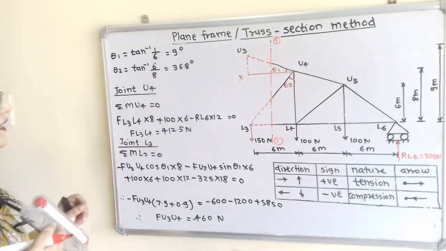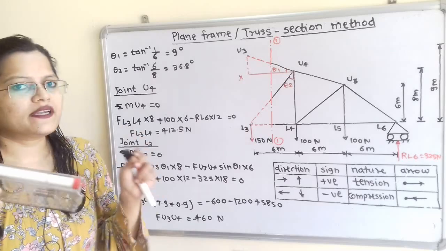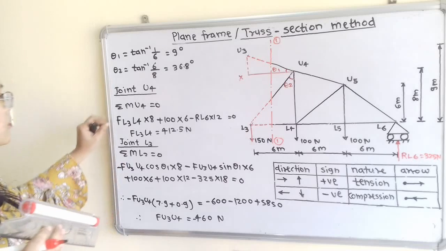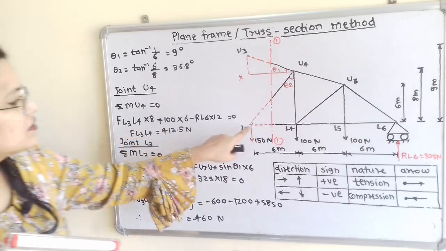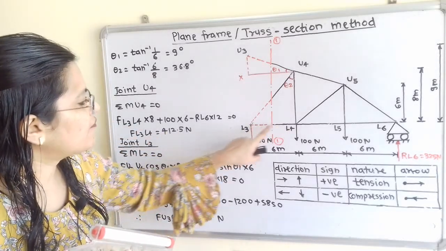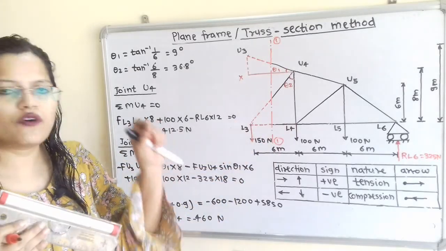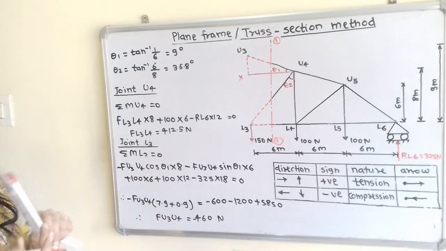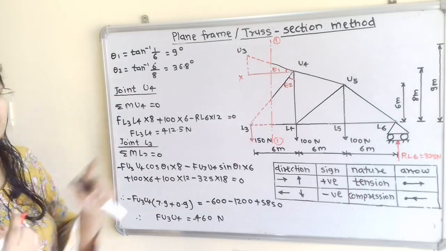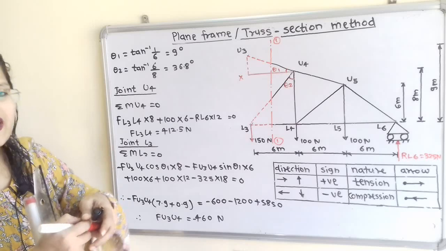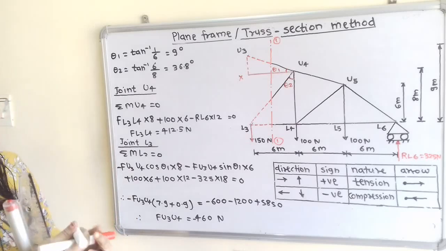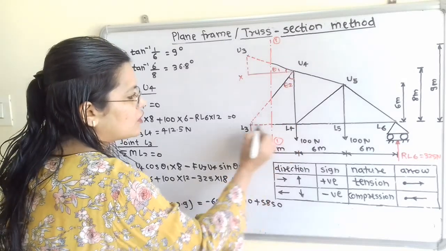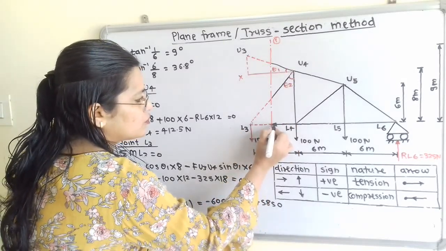How to show that? We know that moment means force multiplied by perpendicular distance. First, the unknown force in member L3L4 is FL3L4. We show the direction of force in the outward direction in the member. We have to consider only this half part.